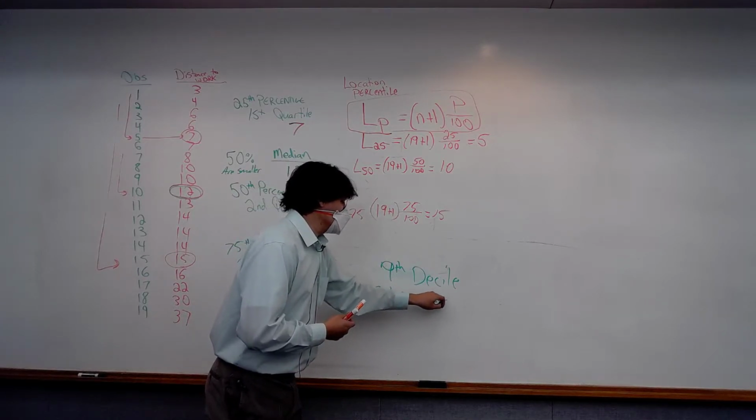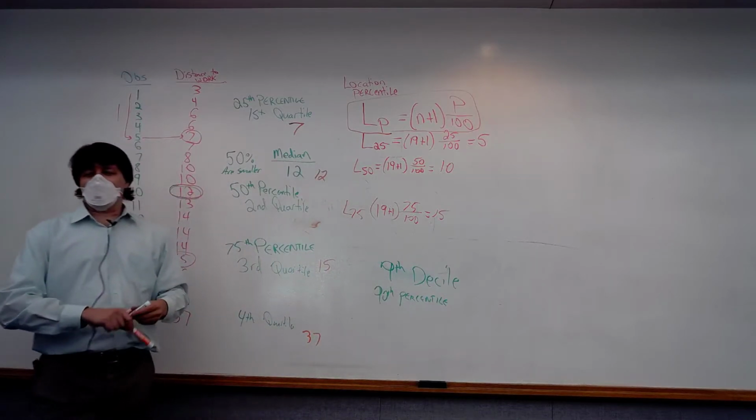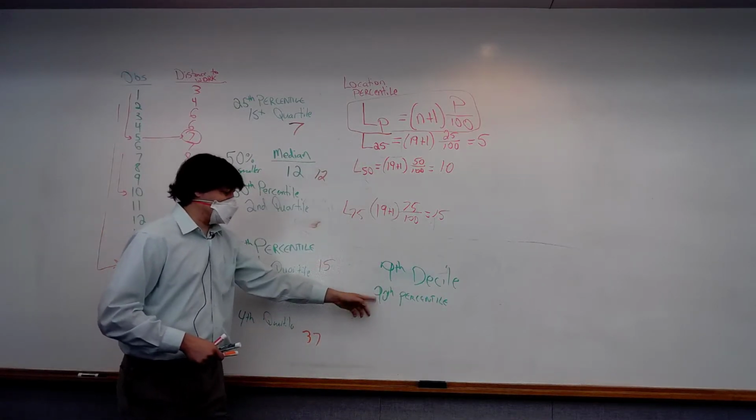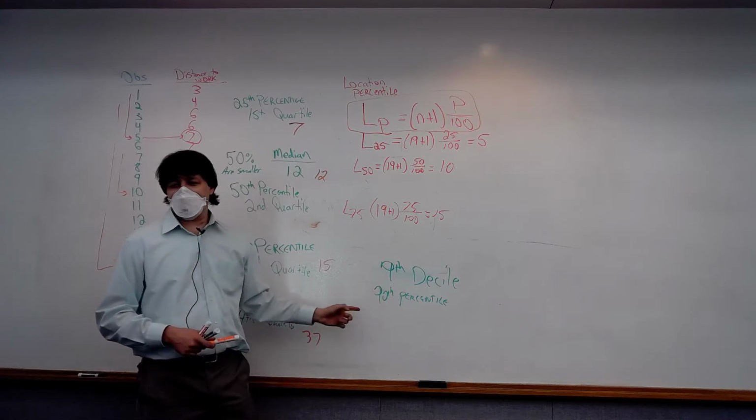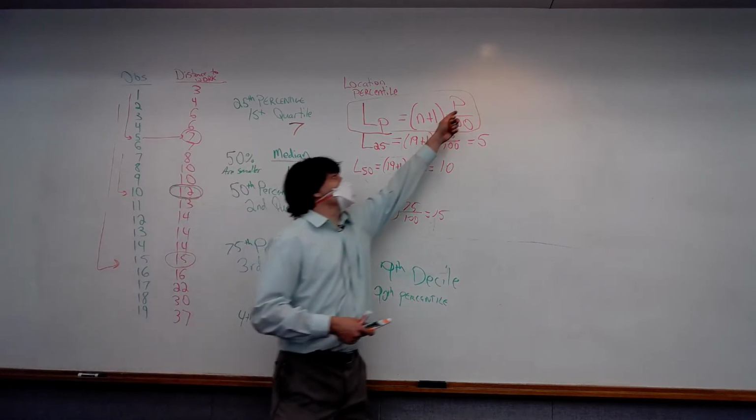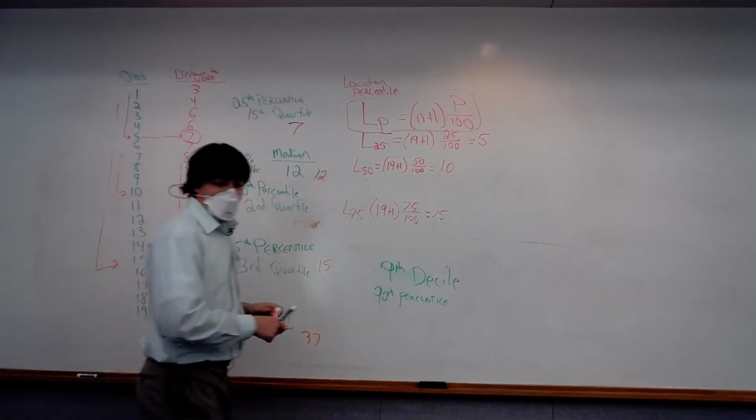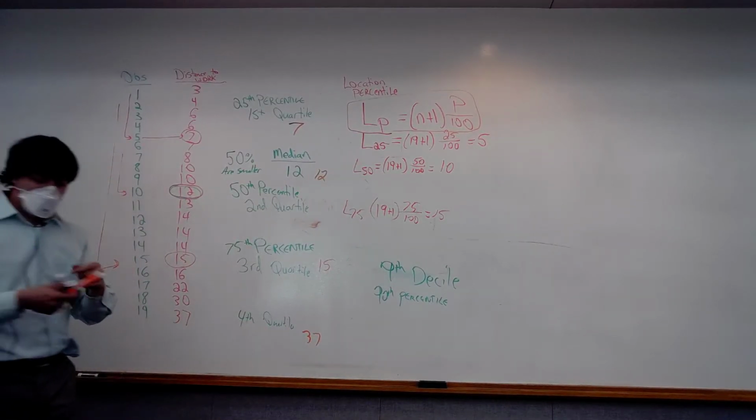Okay, so anytime you want to use one of these fancier words, to use this calculation, you do have to figure out what the exact percentile is, because we need to plug in 90 into this p. But we can find the 9th decile.